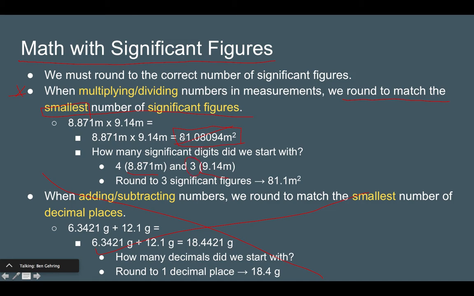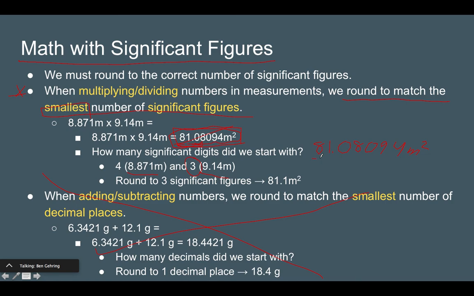So when I look at my answer, I'm going to round 81.08094 to 3 numbers. The 8 is my first number, 1 is my second number, my third number is a 0. I'm going to rewrite this: 81.08094 meters squared.